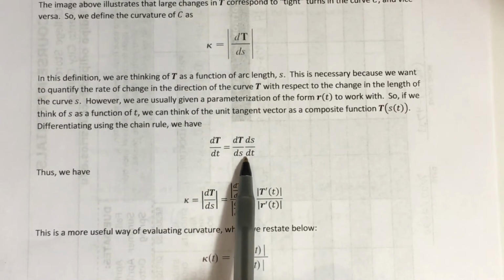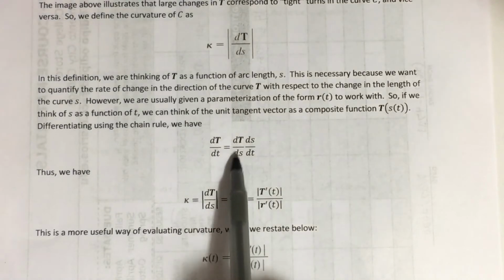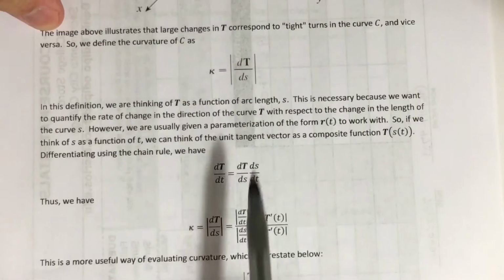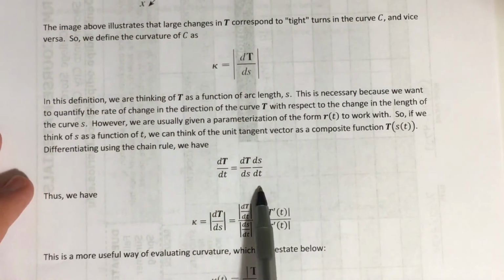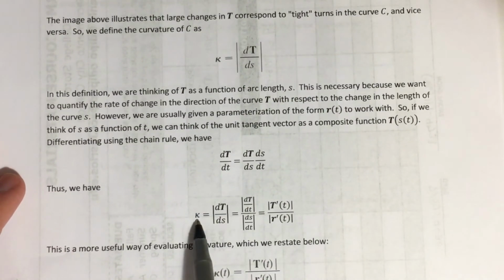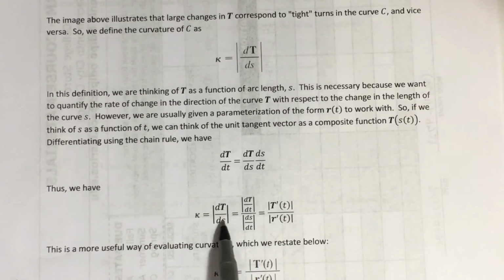Solving this for dT/ds, because this factor right here is what's showing up in our curvature formula, I would divide both sides by ds/dt, and then curvature would be the absolute value of that. So curvature is defined as dT/ds in absolute value, or the magnitude, really. It's a magnitude of this vector.